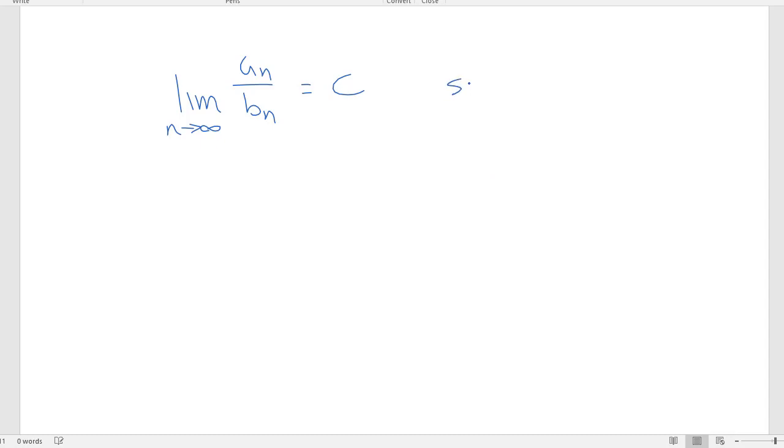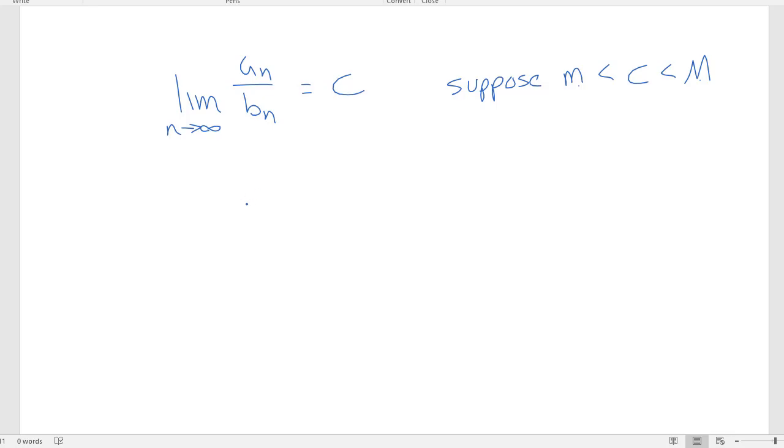So in the sketch of the proof, what we say is something like this. Suppose that we know this number c is between some finite number capital M and some finite number little m. Right? So if c is the number 5, then we know 5 is less than 6 and 5 is greater than 4. All right? So whatever that c is, we know it's finite, and it's between two other finite numbers.